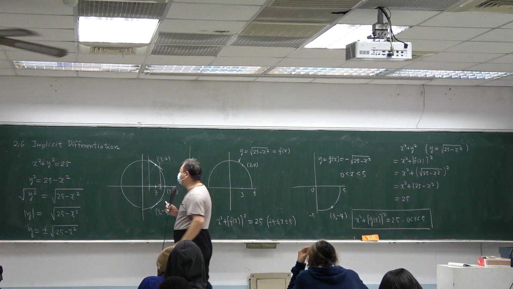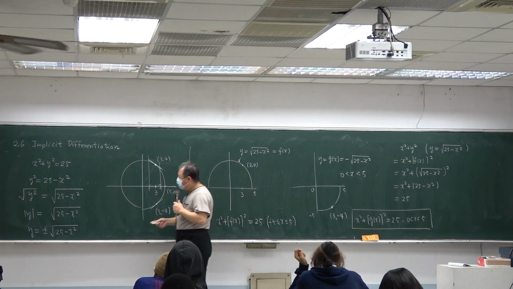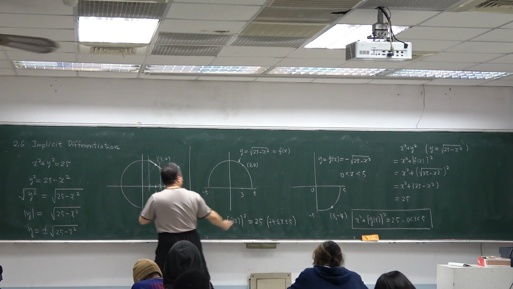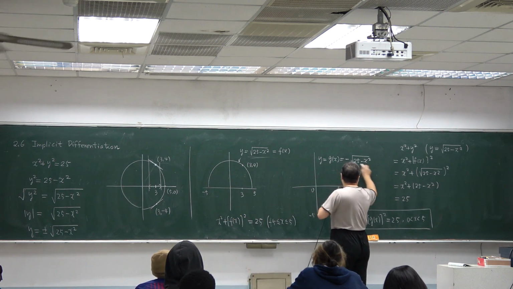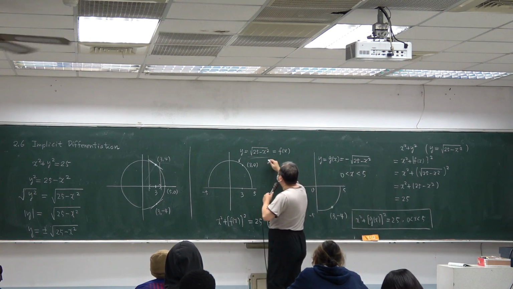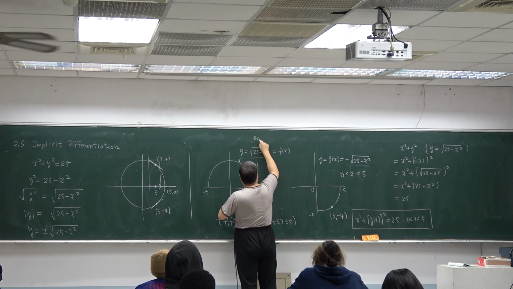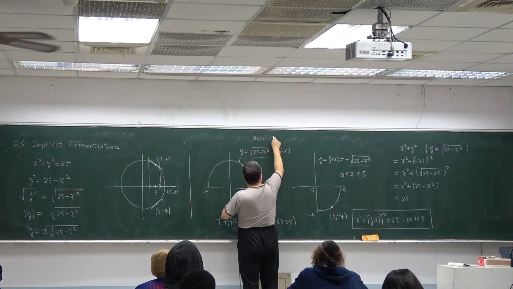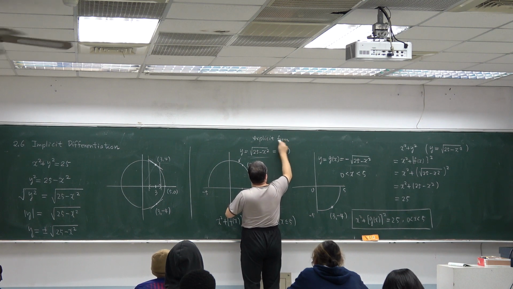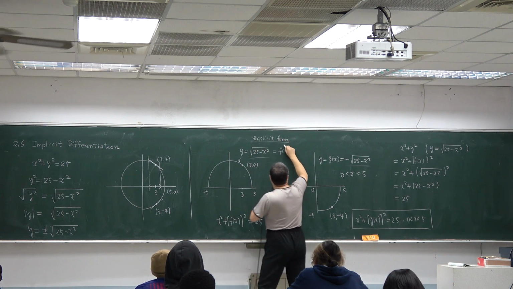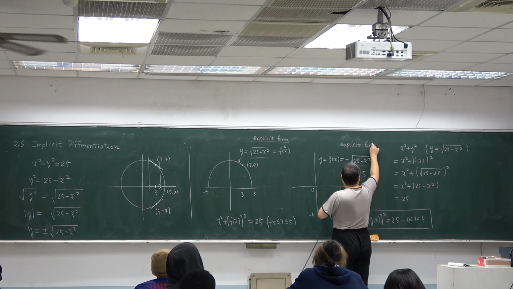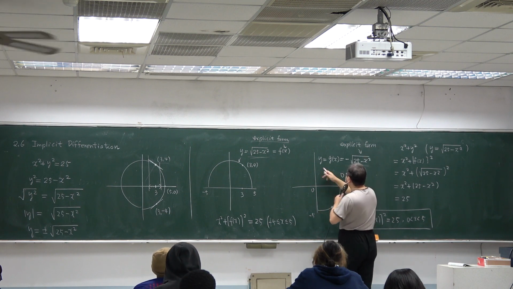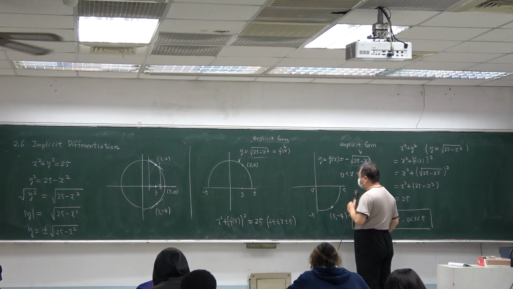We don't need to solve for the explicit form. For example, right now here, this is the explicit form of the function f. This is an explicit form because we already expressed y in terms of x.